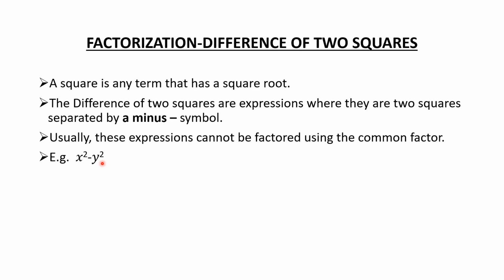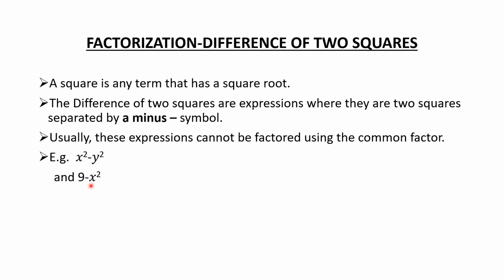It means it has a square root. This one is power 2, so 2 can go into 2, therefore it's a square. In short, any variable that has power 2 is a square. So this is a square, there's a minus, and this one also is a square. These are two squares and there's a minus, which makes this a difference of two squares.